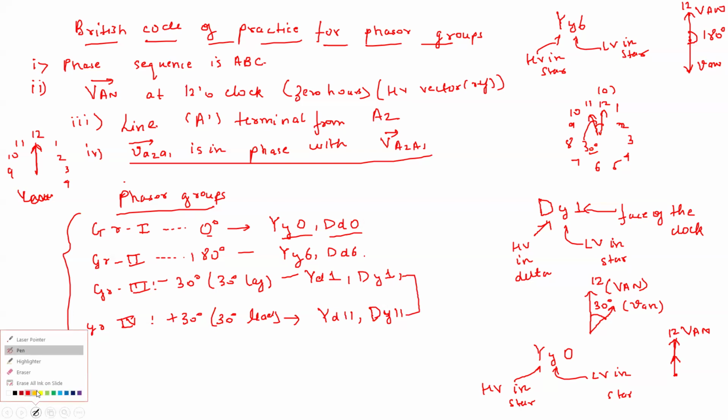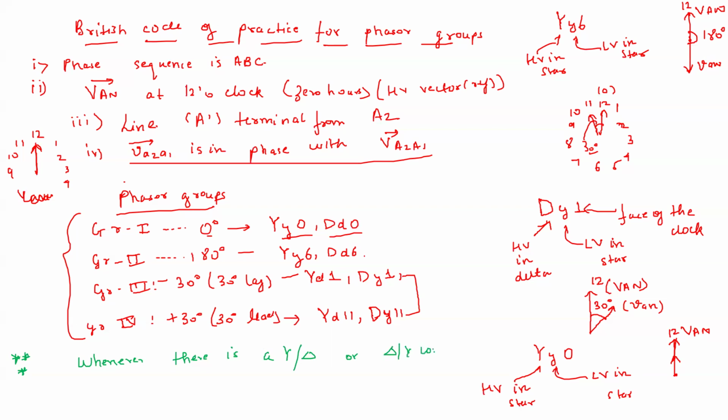So let me write this down. This is very important. Whenever there is a star delta or delta star connection, there is a 30-degree phase shift between HV side and LV side.